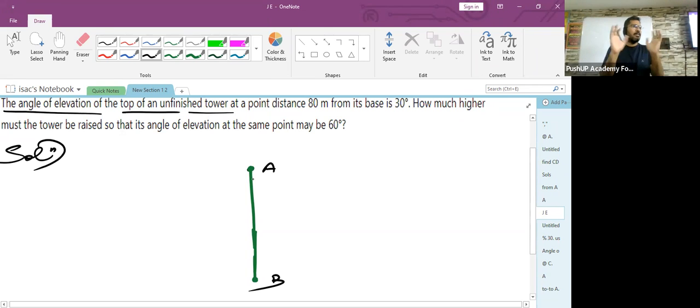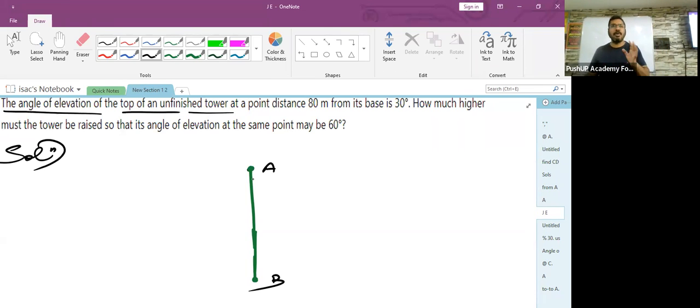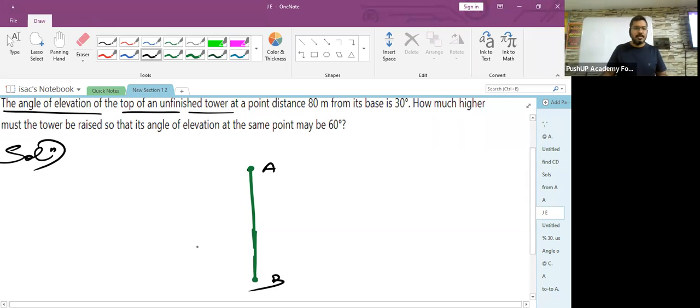Where is the base of the tower, children? B. That is never going to change.